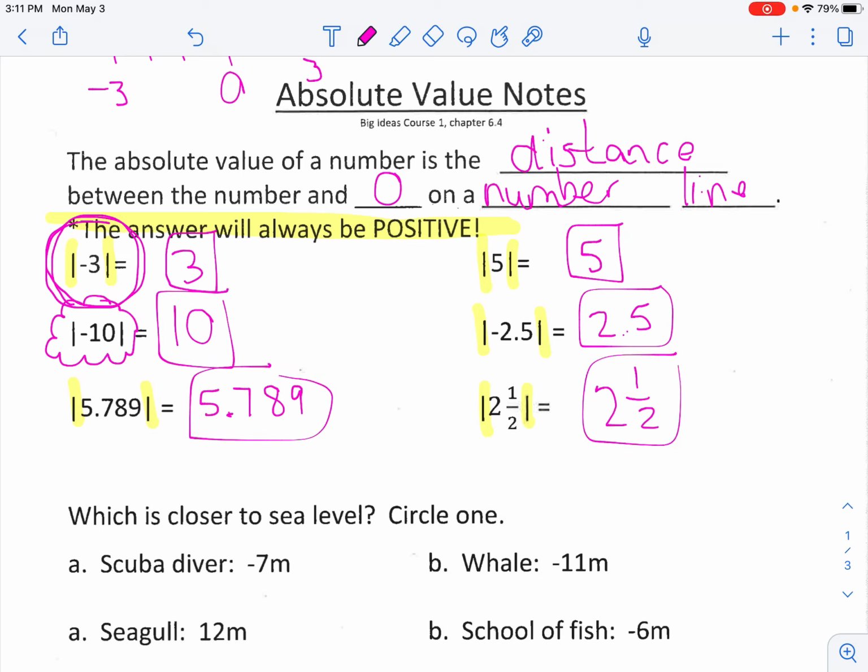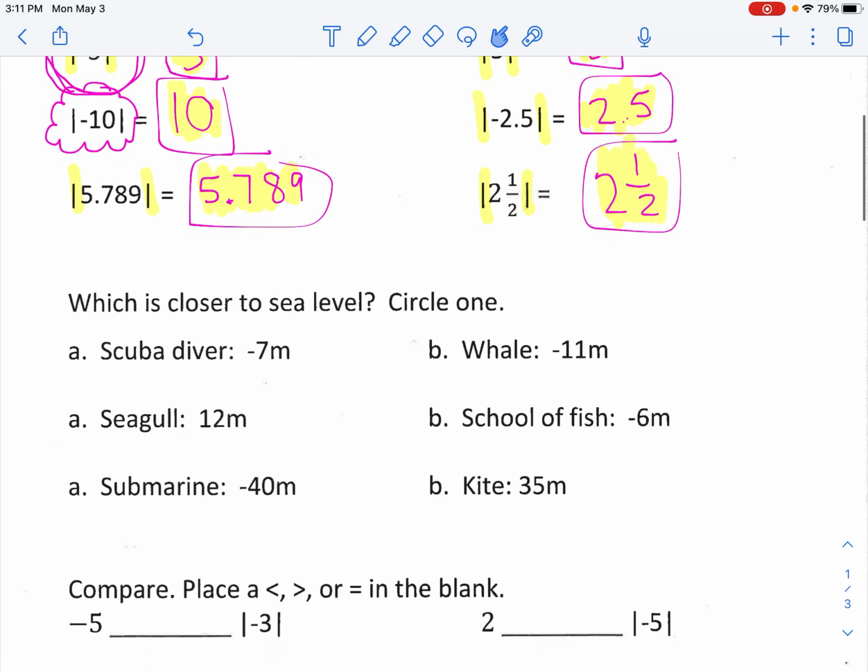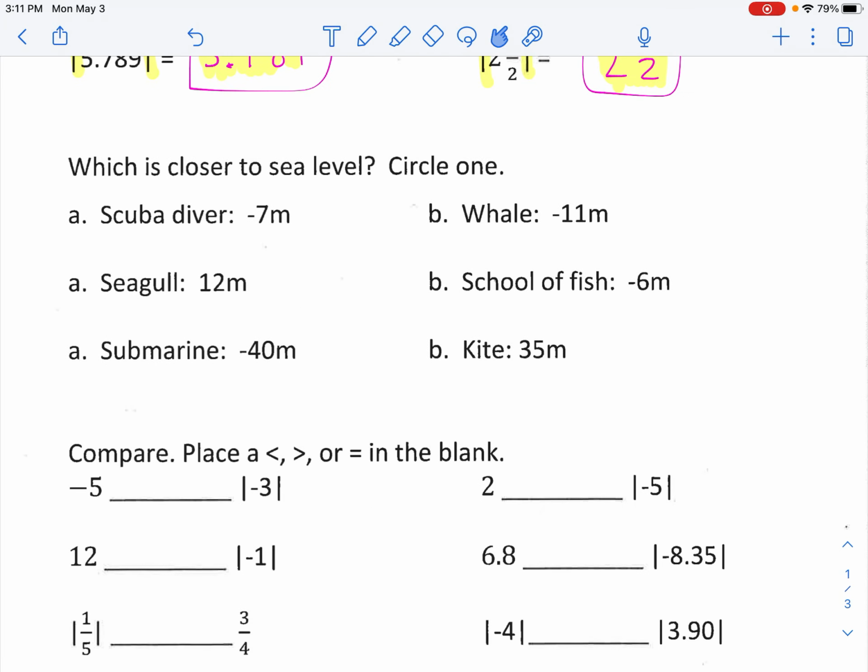So notice with every answer, the answer to the problem is the exact same number as what we started with, except every answer is positive. If your problem started as a positive, your answer is still going to be positive. If your problem started as a negative, we're going to flip it to become a positive. So all absolute values are always positive.